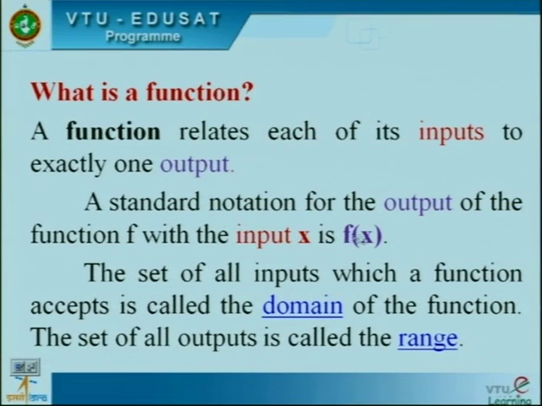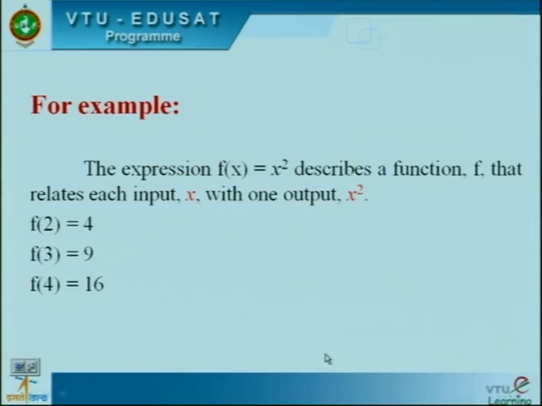A standard notation for the output of the function f with the input x is denoted by using this symbol. The set of all inputs which a function accepts is called the domain of the function. The set of all outputs is called the range. We have studied these things in the previous classes.